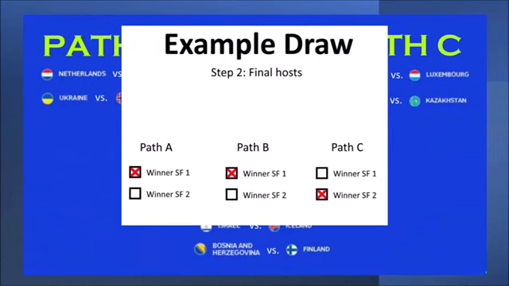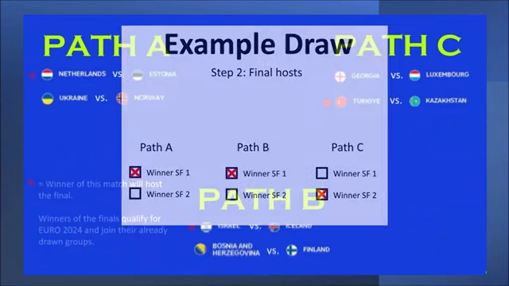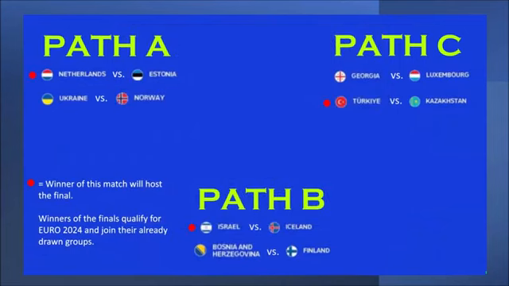Again, I've made it up, it doesn't really matter, but in that case we will see the winner of those 3 games would host the final of the playoff path tournament. Like I said, the winners of the 3 finals would then go to Euro 2024. And just like in this example scenario, it will probably work out in real life.